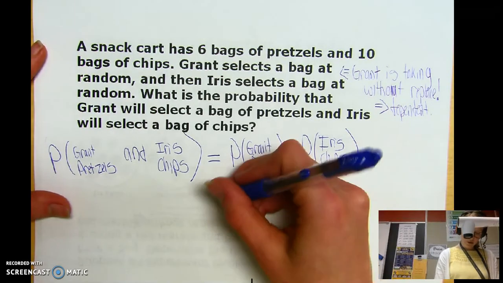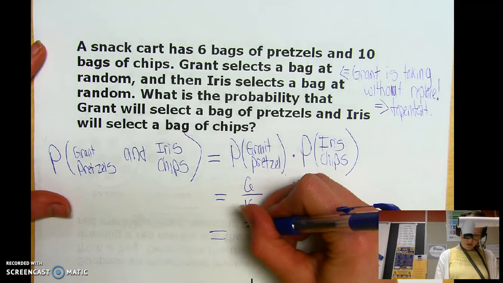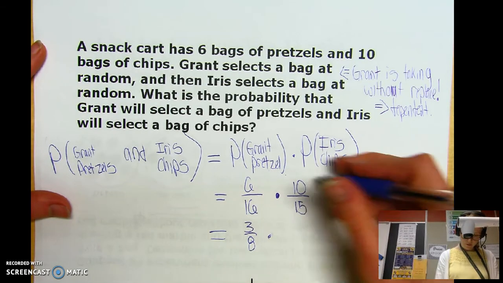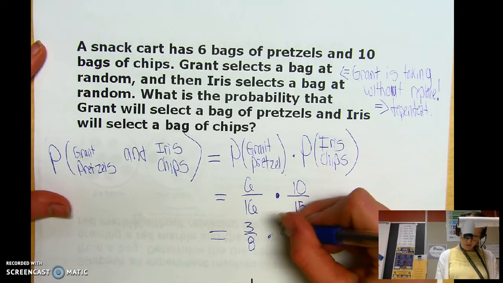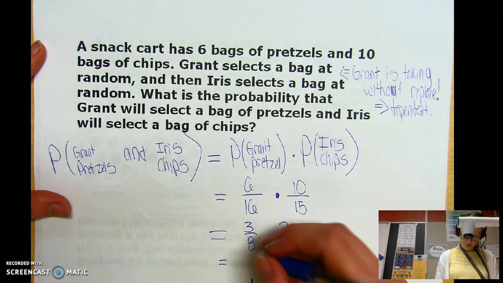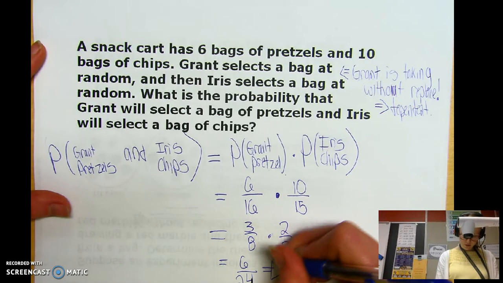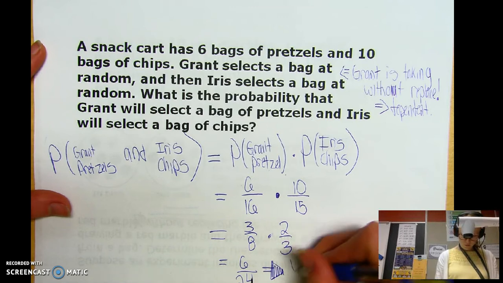So, per usual, I'm going to reduce my fractions just to make this a little bit easier on myself. So 3 out of 8 times, in this case, 10 over 15 can become 2/3. I get 3 times 2 is 6, 8 times 3 is 24, and that can be reduced to 1/4.